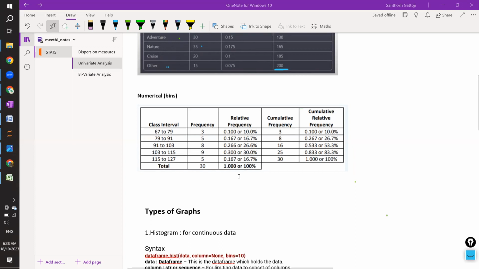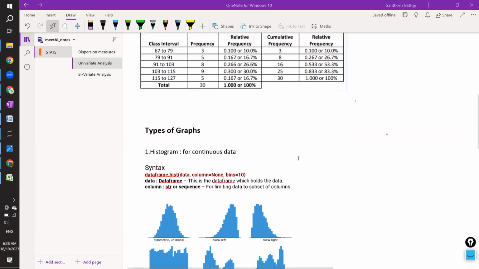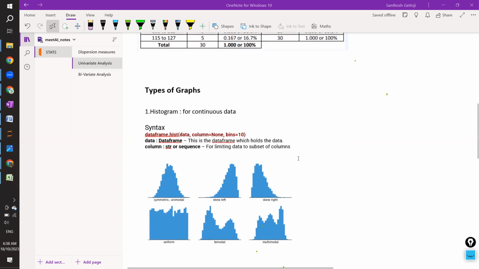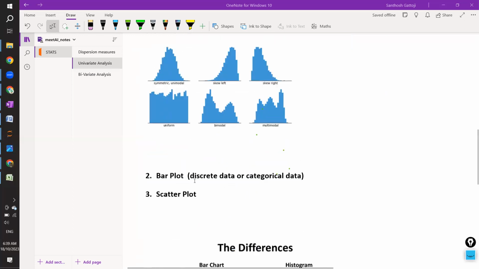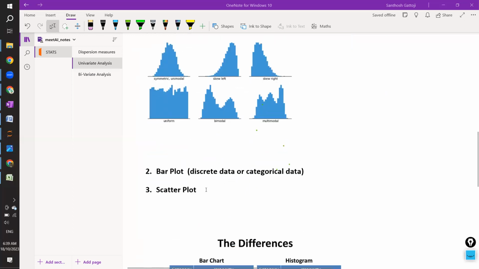Okay, fine. So today let's try to see some graphs, and how we can display different types of data. Broadly, there are many graphs which we are going to see, but the fundamental graphs are three: histogram, bar plot, and scatter plot.